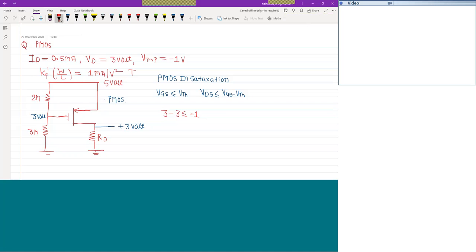Okay, no, this is 5 volt. VS is 5 volt, है ना? नीचे वाला VS नहीं है. So I should say this value is 5 volt. And of course this condition is true. Minus 2 is less than minus 1, है ना? Minus 2 में 1 add करेंगे तो minus 1 पे पहुंचेंगे.